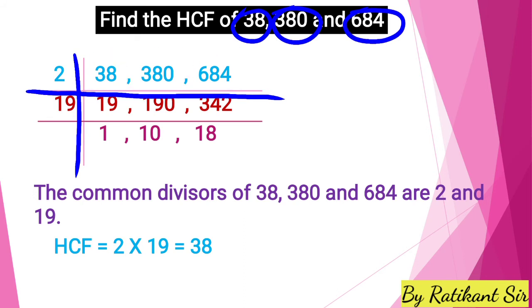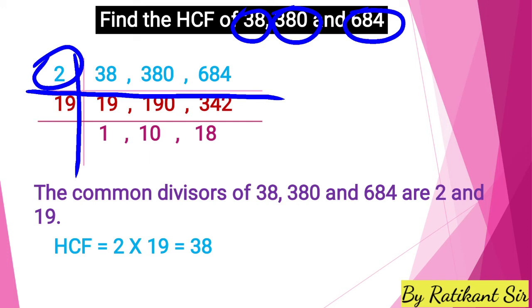All the 3 numbers are divisible by 2. Why? Because at the unit place there is 8, 0 and 4. So 4, 0 and 8 all are even numbers. It means that all the numbers are divisible by 2, so that is why I have taken 2 at the left side.